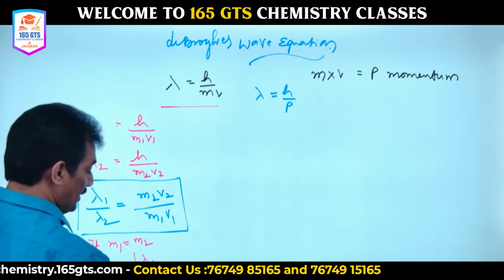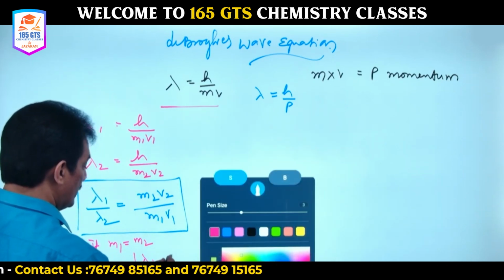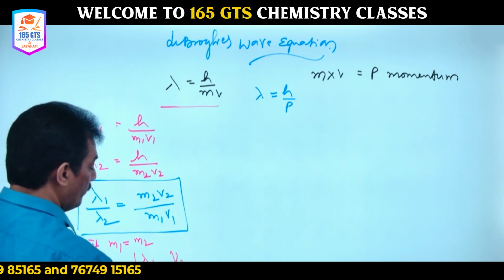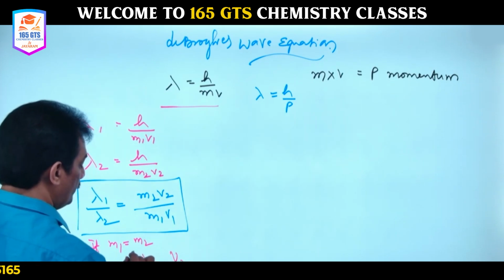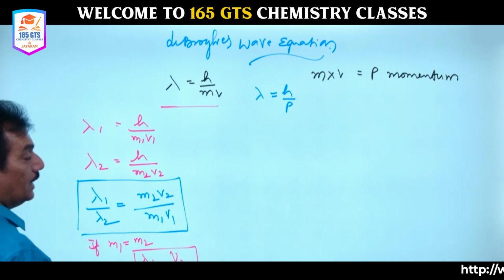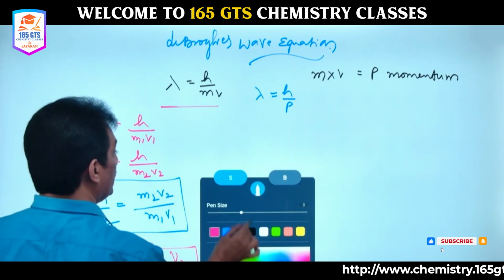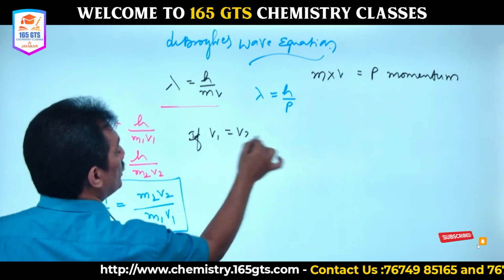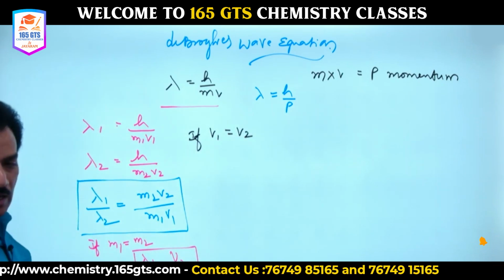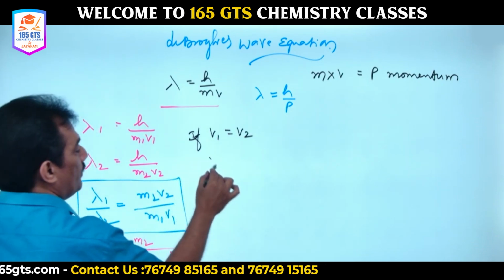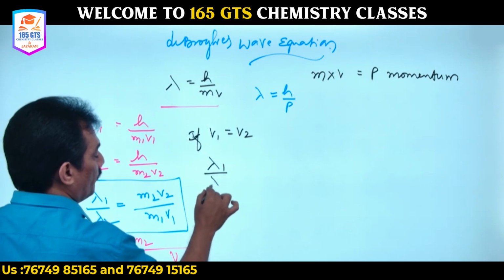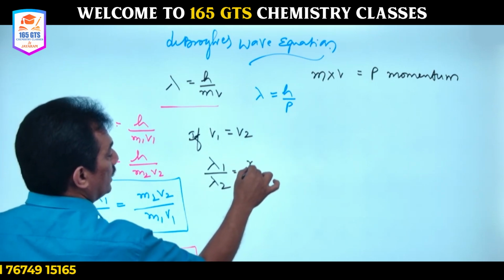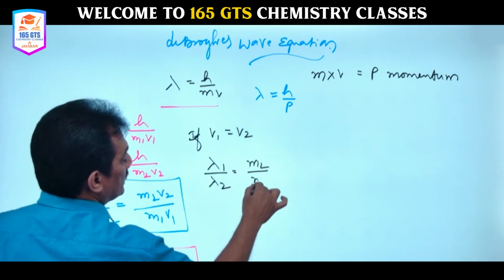Already m1 is equal to m2, and hence here we can say v2 by v1. This is one form. And the second case is if v1 is equal to v2, that is, both particles are moving with the same velocity, then the wavelengths associated with them are inversely related to their masses.